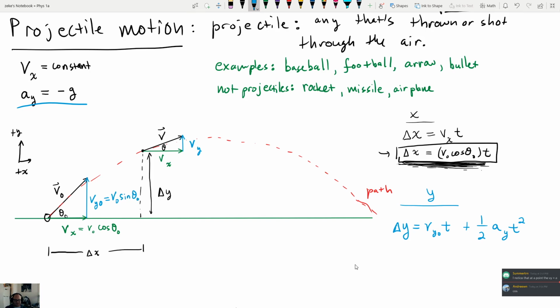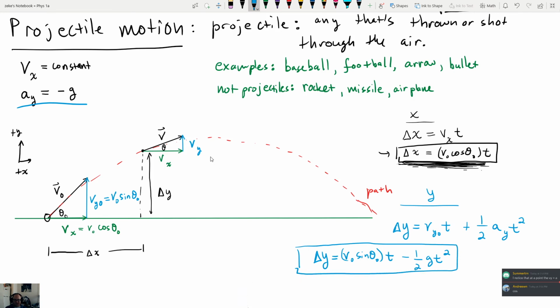So we can plug that in, and what we end up getting is that delta y is going to be equal to V initial times the sine of theta initial times time, and I'm going to write this as minus 1/2 gt squared, because the acceleration is negative g, right? So you can write it out like that. That's going to be an equation you can use when you're doing projectile motion problems as well.